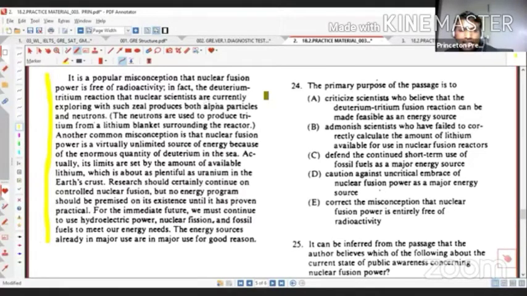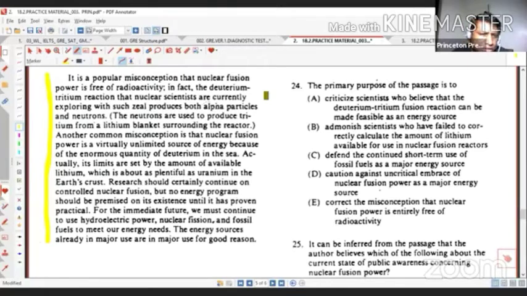So they're saying that there is a misconception, but the opposite is correct. Now they're elaborating on that. The neutrons are used to produce tritium from a lithium blanket. Fine. So up to now, what we have read is something that was commonly believed, but the opposite is true.